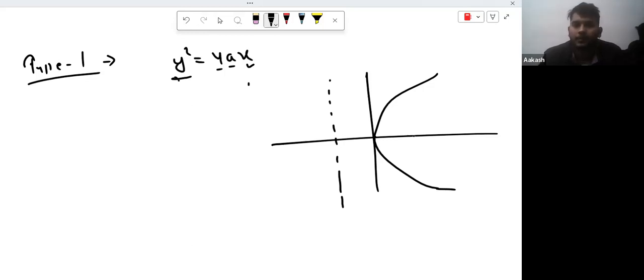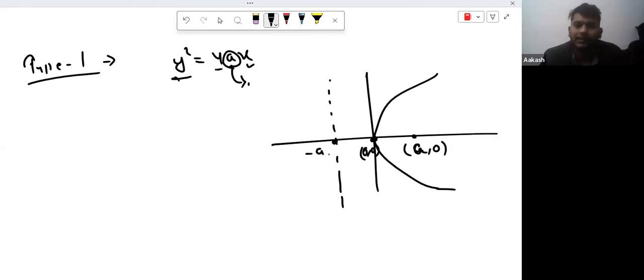Y square equals to 4ax, where a comma 0 is the focus. If parabola is on the right hand side, the equation is y square equals to 4ax. A is the coordinate of focus. This is 0 comma 0, origin.